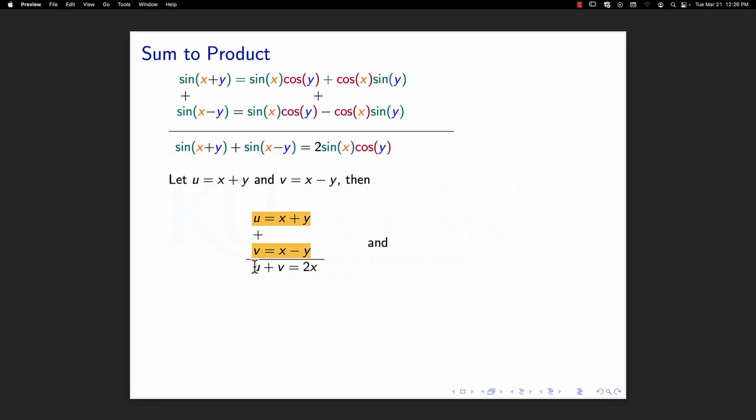And that gives you u plus v equal to 2x. And eliminating x between the two formulas by subtracting the left-hand sides and the right-hand sides, which gives you u minus v is equal to 2y.